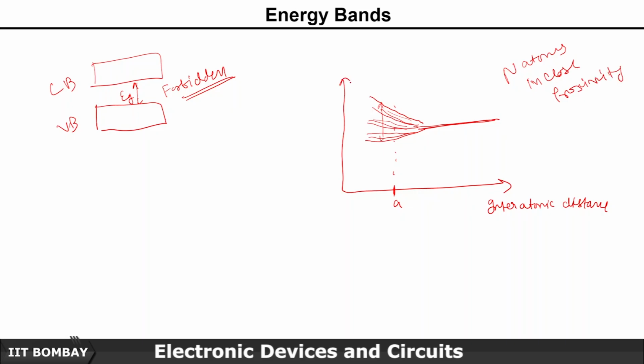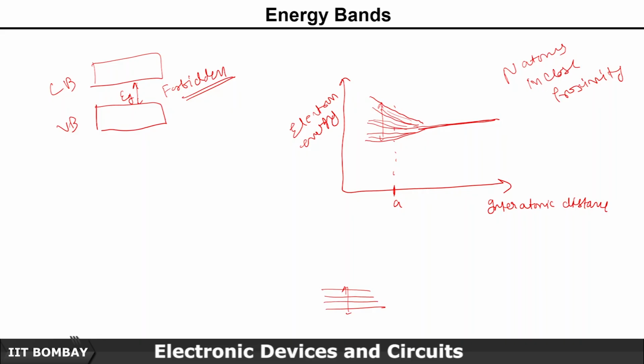Okay, and this is your electron energy, and this is interatomic distance, at some distance which is enough to split this. So this leads to the formation of the energy band. Once this splitting happens, the energy levels of the semiconductor take the form of closely spaced levels, which take the form of a continuum.